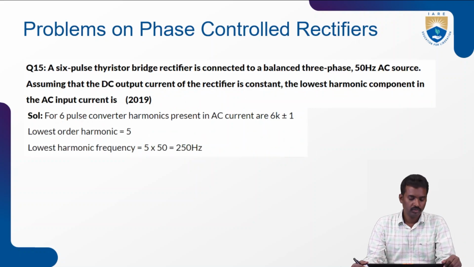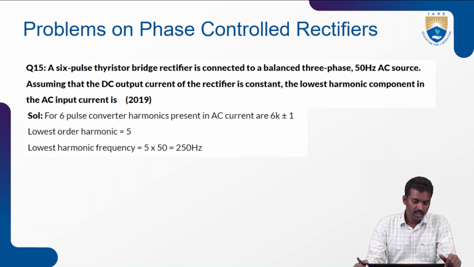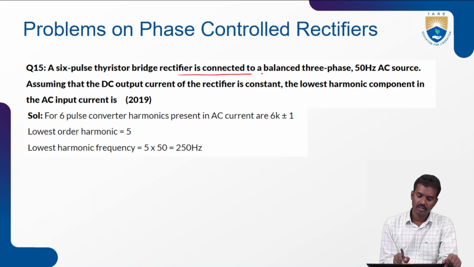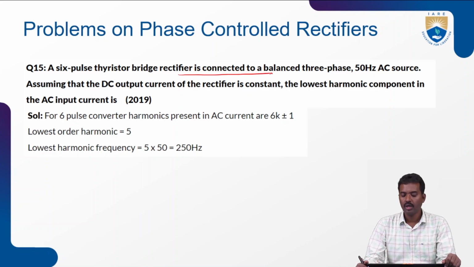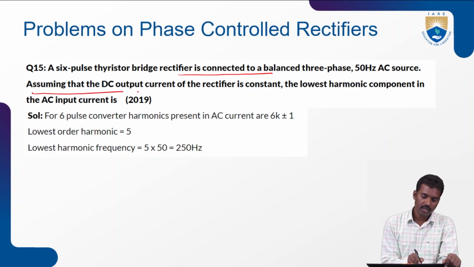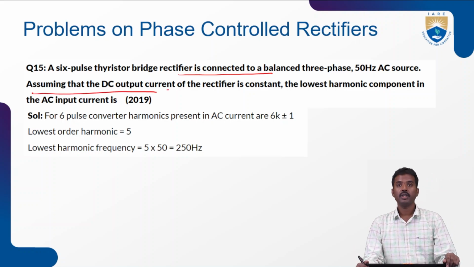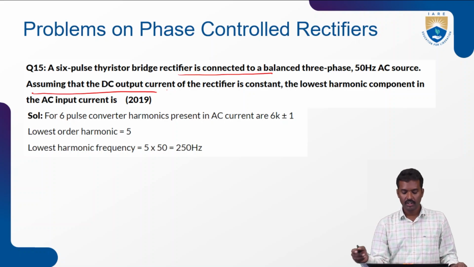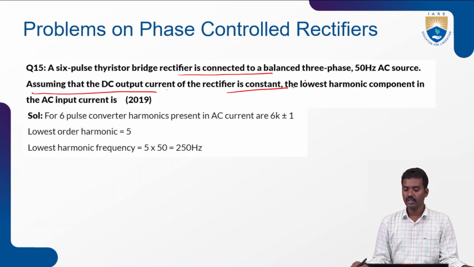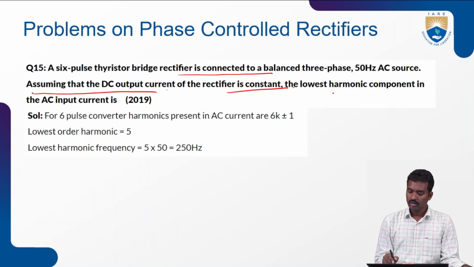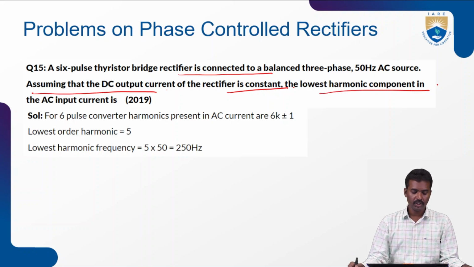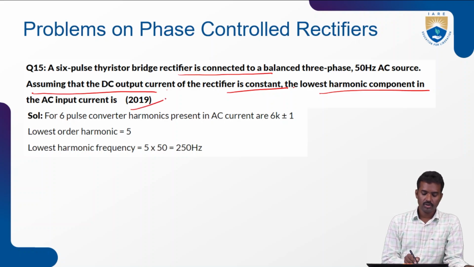15th question. A 6 pulse thyristor bridge rectifier is connected to a balanced 3-phase 50 Hz AC source. Assuming that DC output current of the rectifier is constant, the lowest harmonic component in the AC output voltage is what you need to calculate.